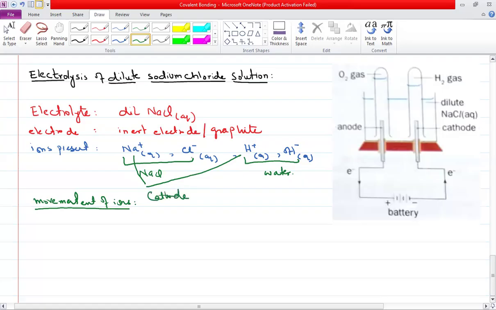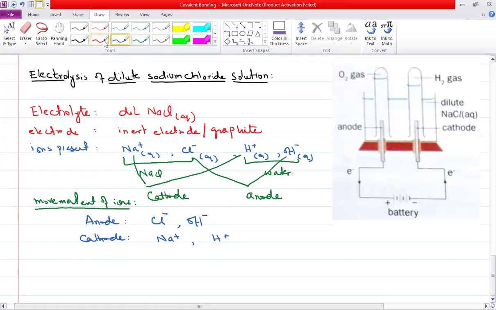Then chloride ion and hydroxide ion, both negative ions, will move toward the anode. So toward the anode, chloride ion and hydroxide ion will move, and toward the cathode, sodium ion and hydrogen ion will move.